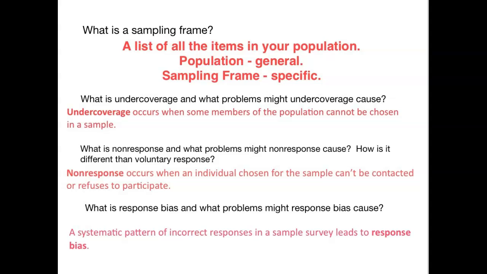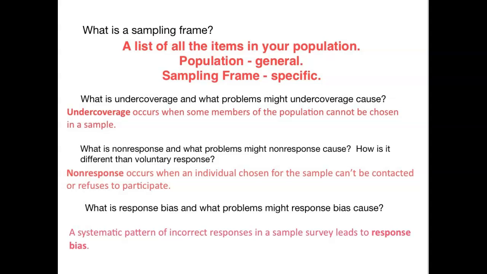The sampling frame would be the computer program of registrations, because that's exactly where you guys exist in our school, if that makes sense, right? So you're registered in a computer program at our school. That's the sampling frame. That's what I would actually use to draw a sample of students from our school.